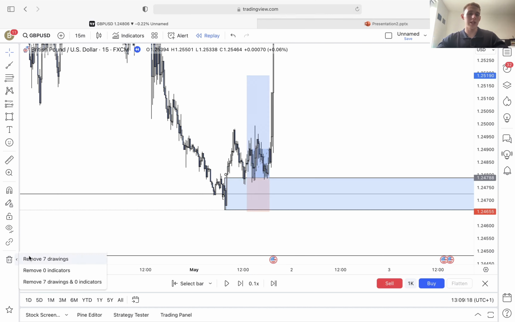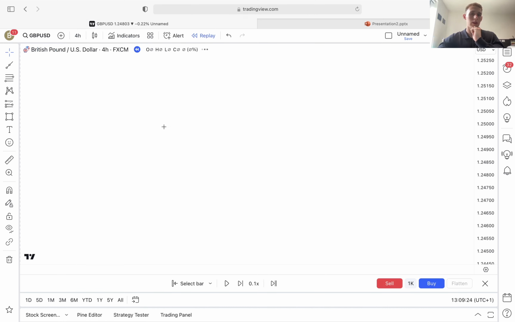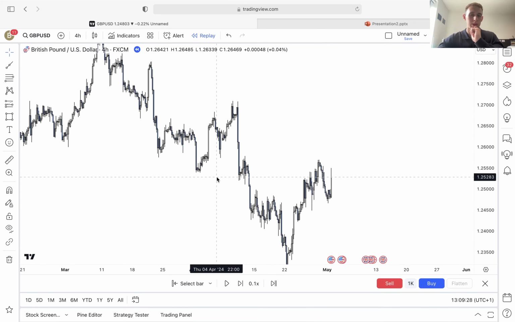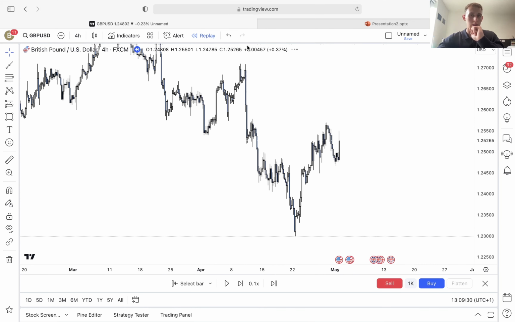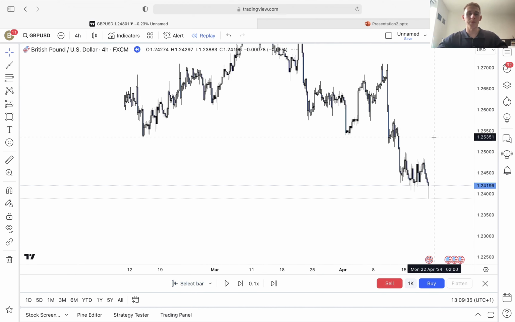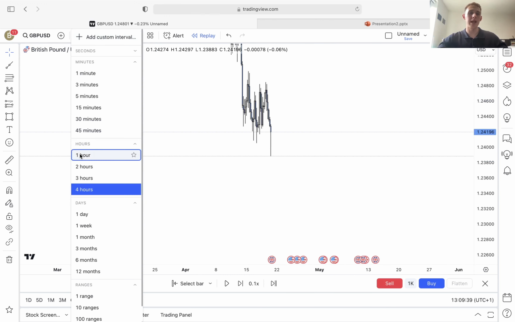If we go through another example now, and this time we'll look for a sell position. And the last sell position I took was this one just here. So let's go through this step by step.